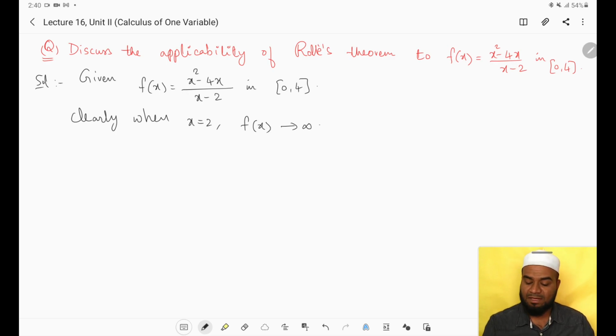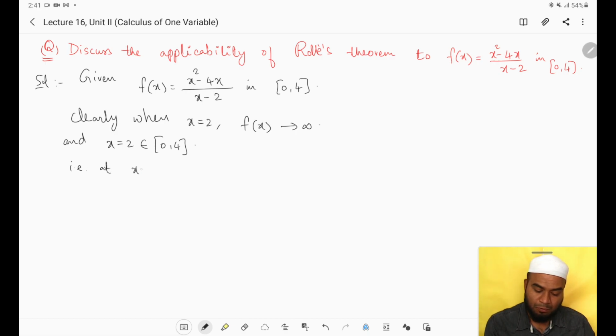The function has a sudden jump at the point x equals 2. And x equals 2 belongs to the closed interval 0 comma 4, no? 2 lies in between 0 and 4. So the function f of x has a sudden discontinuity at the point x equals 2.